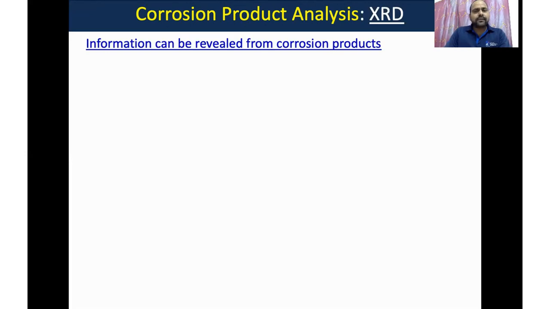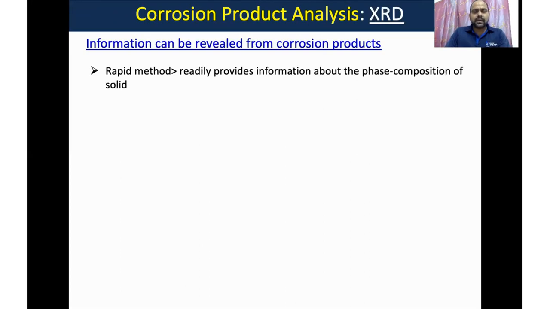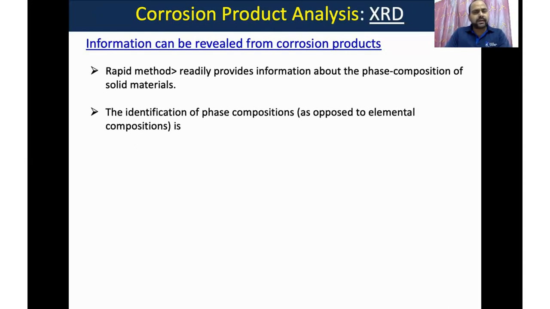What kind of information can we reveal if we use XRD analysis of a corrosion product? This is a very fast, rapid method: within 5 or 10 minutes you can get the data, and it easily provides information about the phase or the composition of a solid material. Moreover, the identification of phase composition, as opposed to elemental composition, is crucial for understanding the corrosion process.